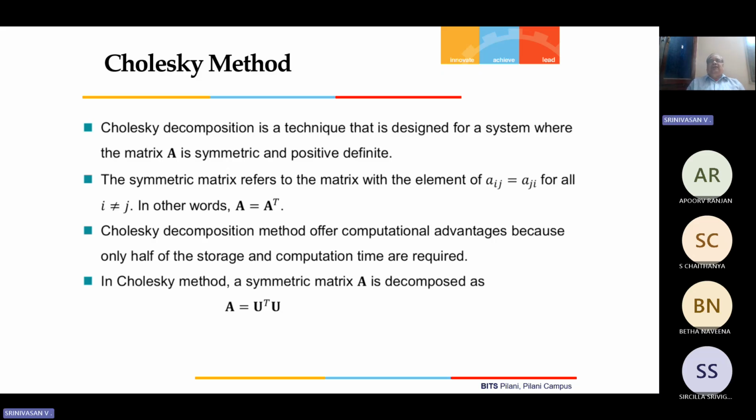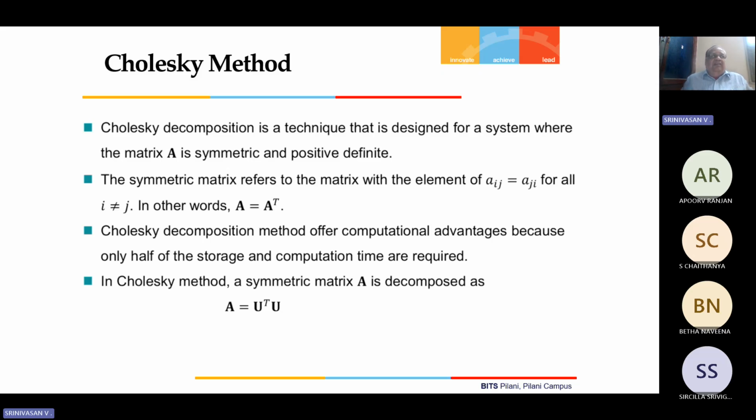Of course, we have the nature of quadratic forms, but let us not go deep into those. It is enough that you just remember that it is symmetric and positive definite.